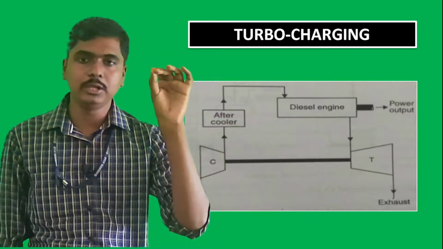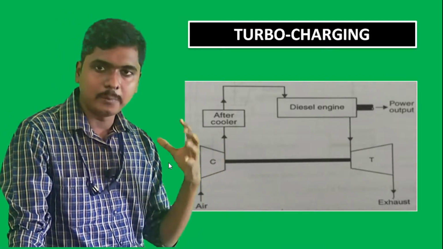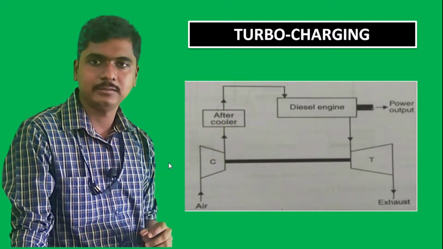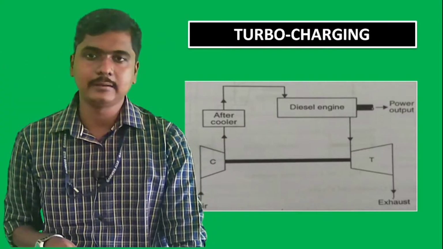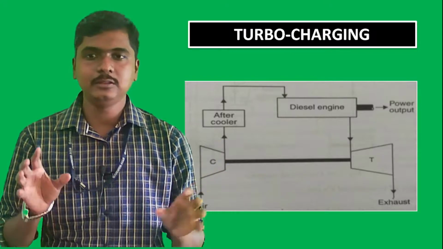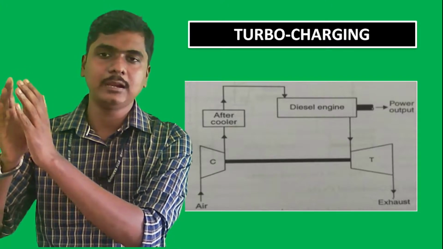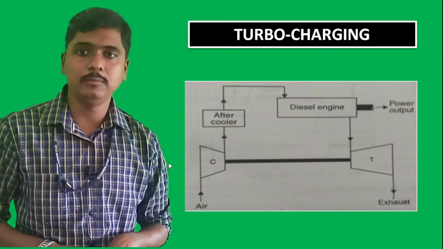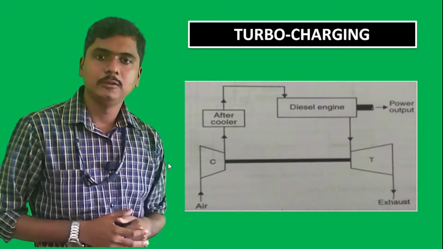Due to the presence of sufficient compressed air inside the engine, complete combustion of the fuel will take place. Suppose you have two cases. In one case, I am supplying normal atmospheric air. In the second case, I am supplying compressed air. So the amount of fuel that is burned with normal atmospheric air will be less as compared to compressed air. If compressed air is there, then it will get sufficient amount of oxygen to burn the fuel.